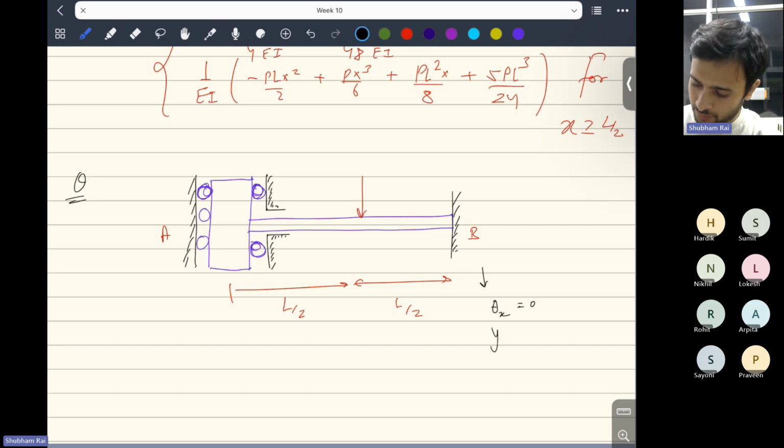And also you have theta at x equal to L. Let's say I start with x equal to 0 from this side. So theta at x equal to 0. I'm starting from this side. So this is my coordinate system.